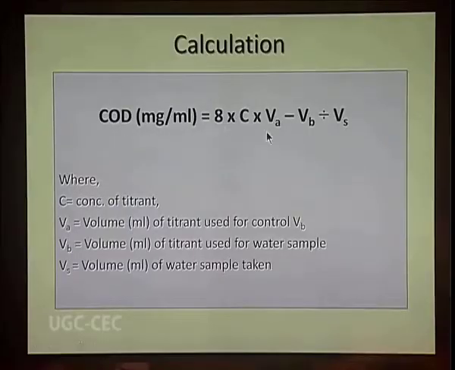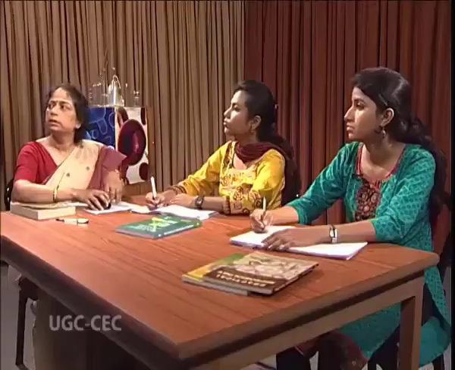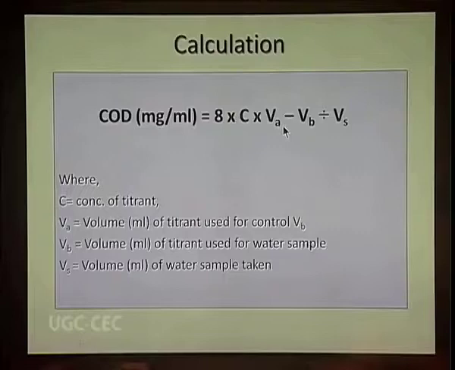Now COD in milligrams per ml is calculated by this formula where 8 is a constant and C is the concentration of the titrant, that is the sodium thiosulfate, whether you have used it at 0.1 normal or 0.2 normal or 0.5 normal. VA is the volume of the titrant that is used for the control set where we have added distilled water, not the treated or the wastewater.